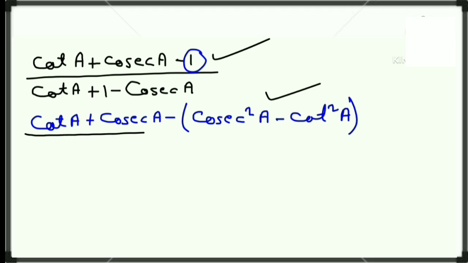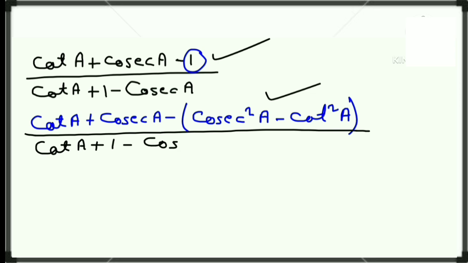Now in denominator, cot A plus 1 minus cosec A as it is.